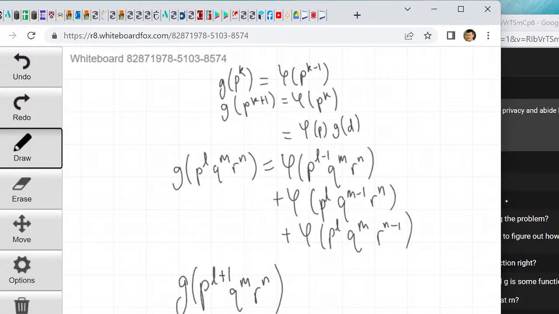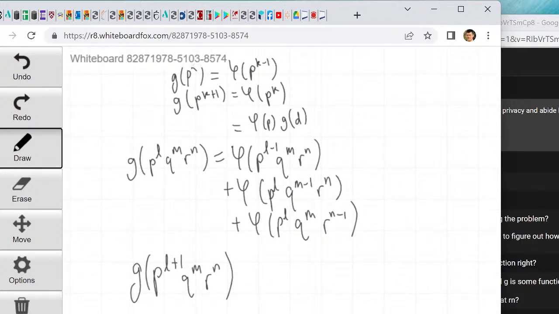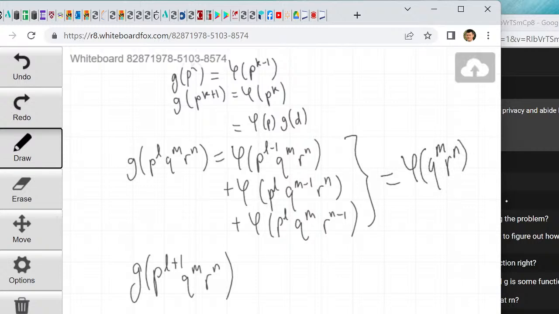You'd get everything with the power greater than 1. So these things here are phi of q to the m r to the n times, oh no, it's not.